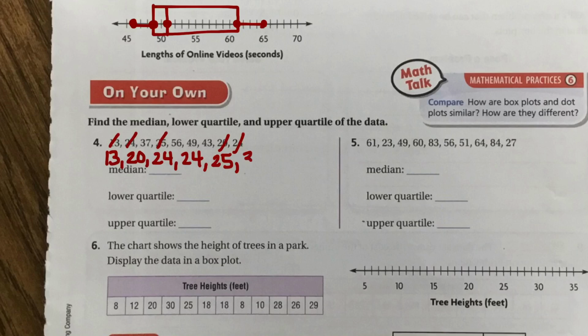Then we have 37 and 43 and 49 and 56. Okay, then I go from front, back, front, back, front, back, front, back.